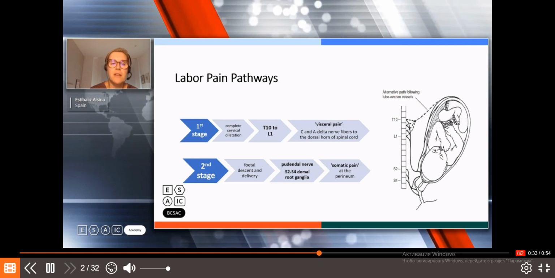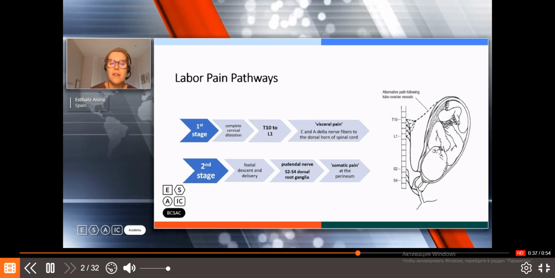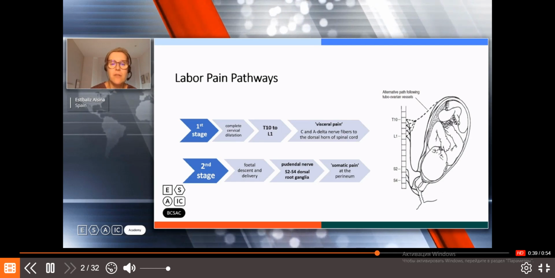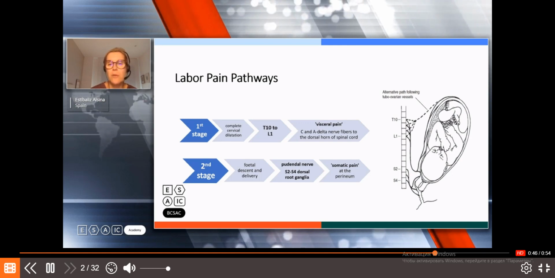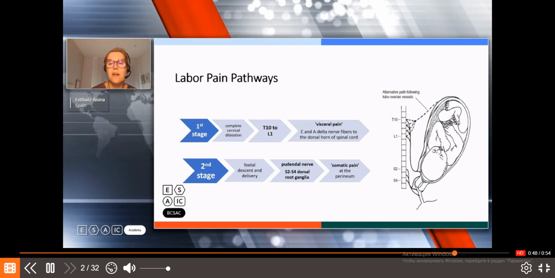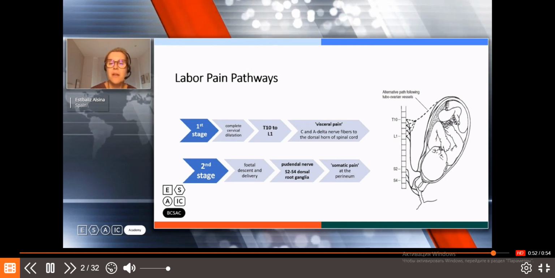When the cervical dilatation is complete, we have the fetal descent and the delivery. That's the second stage of labor. It is mediated by the pudendal nerve, involves the roots S2 to S4, and the pain is somatic pain at the perineum.